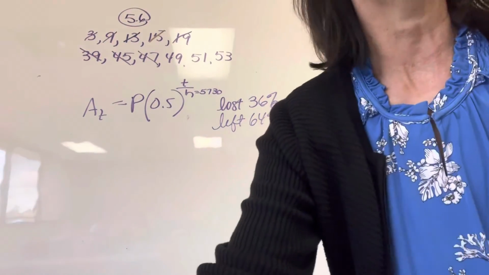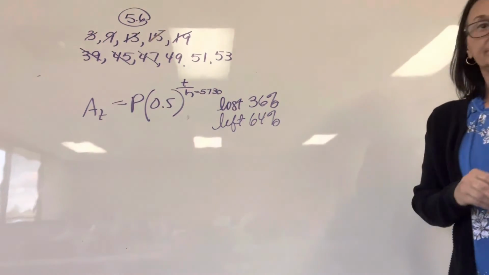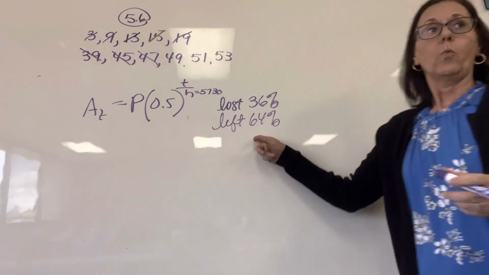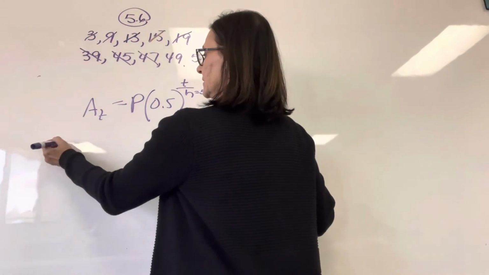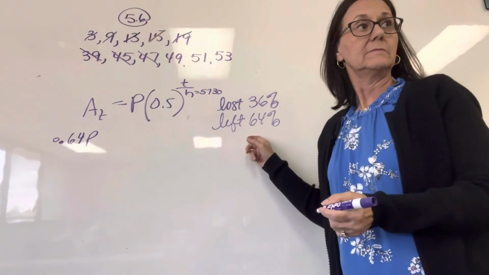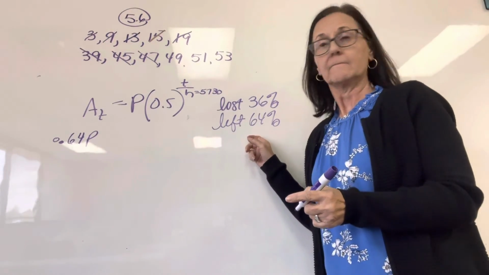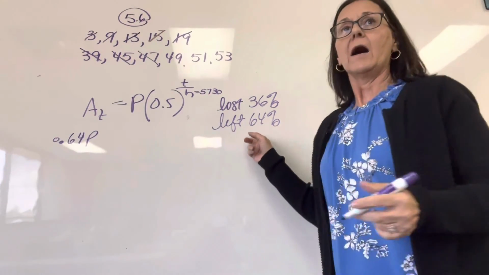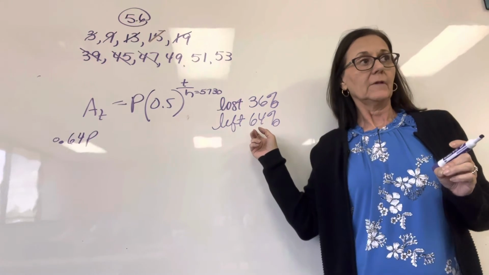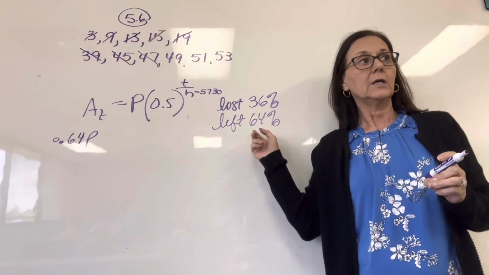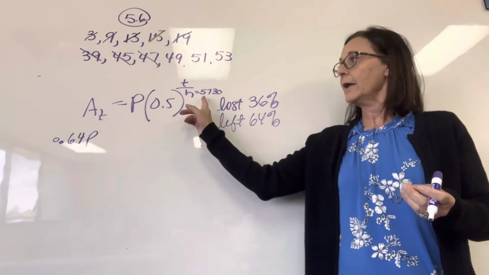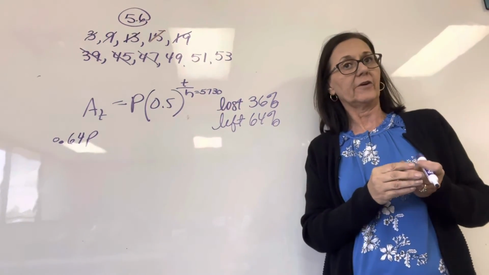Okay, so now what do I do? How much do we have right now? We have 64% of the original left, right? So guys, let me ask you a question. Should my number of years be greater or smaller than 5,730?